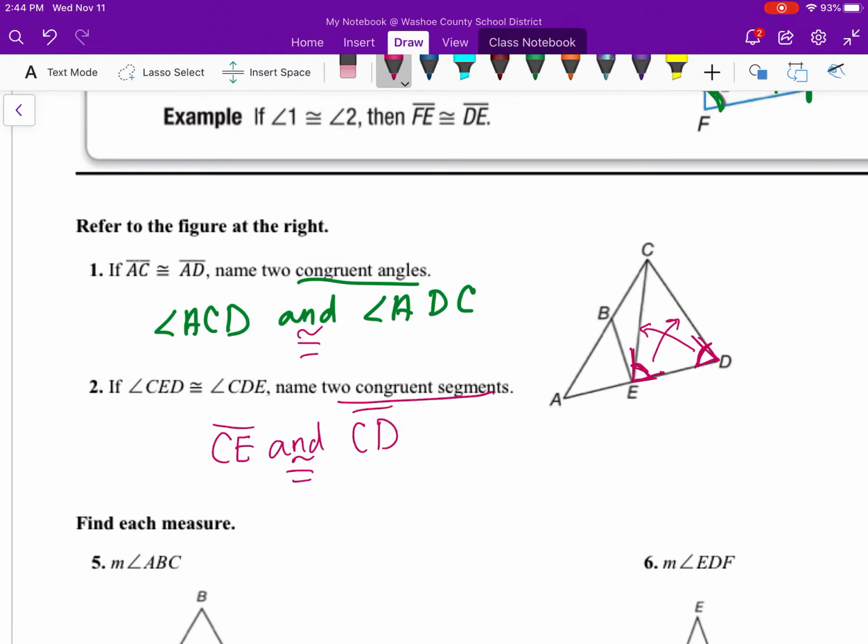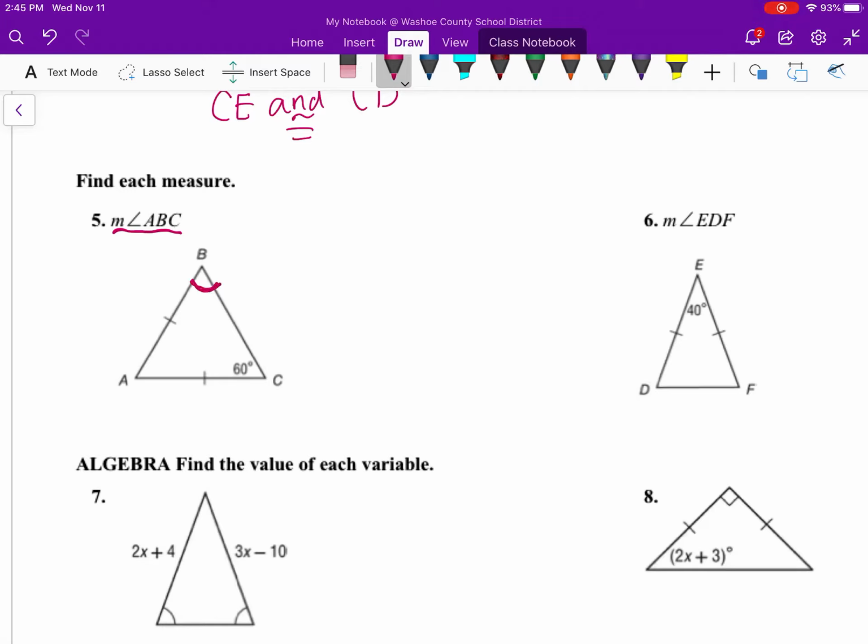Okay. Number 5, find the measure of ABC. So ABC is here. Okay, so if this is 60, this is 60, and this is across from a side that's marked as congruent, then this, because it's across from a side that's marked as congruent, should also be 60 degrees.